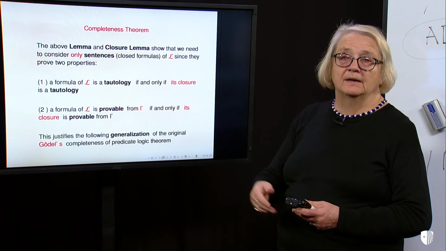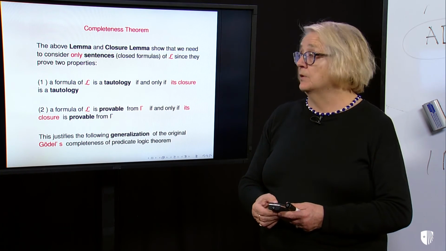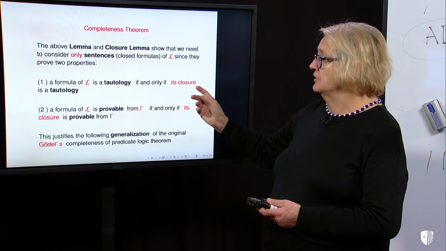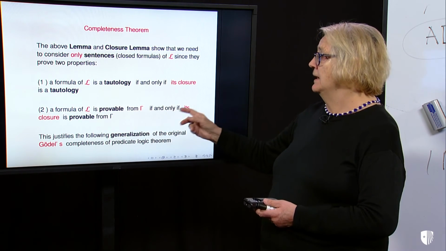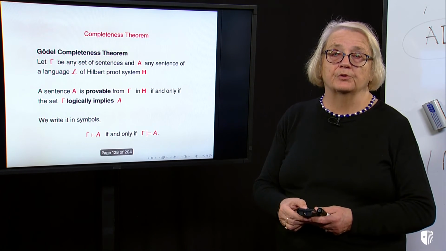That's trivial by axioms. If a formula is a tautology, so is its closure. If a formula is provable from gamma, its closure is also provable.